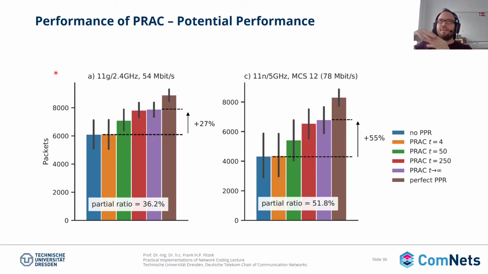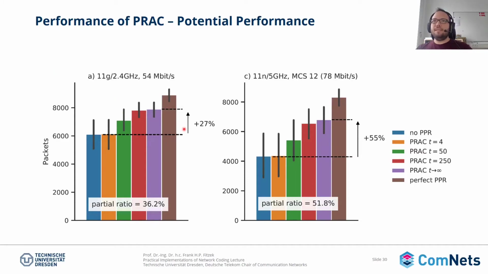You can think about brute forcing as a way of correcting the packets that we could use with or without PRAC. But since the packets are so long, we would need a lot of computing power that is limited. So we need a technique to reduce the search space, and in this case, the algebraic consistency rule allows us to do that. When we reduce the search space, then we can correct the packets.